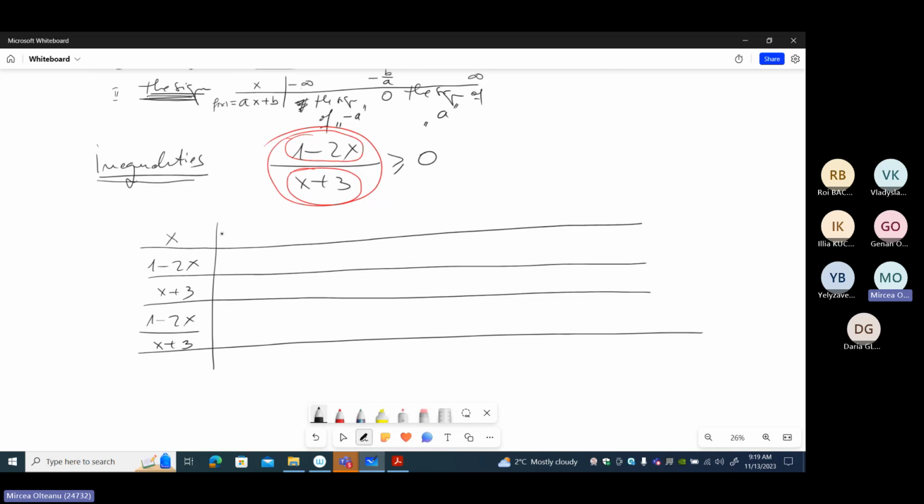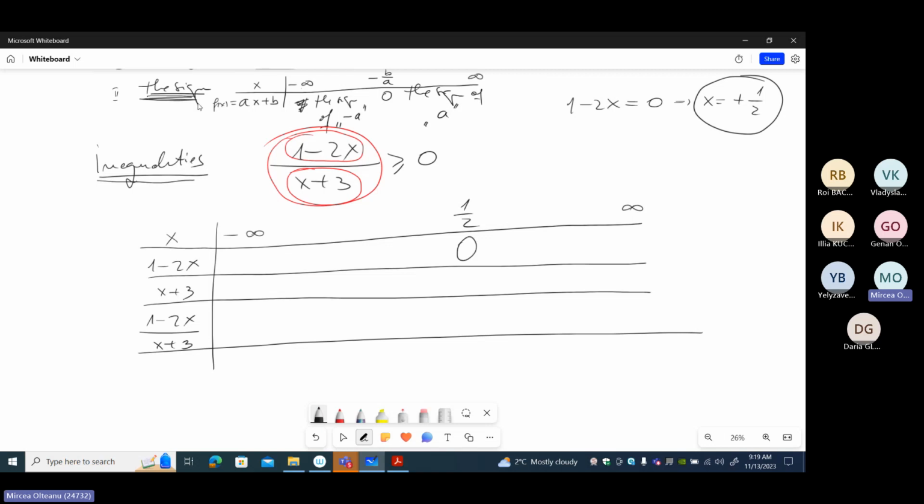And then as a consequence, I shall get the sign of the ratio. So first I need the sign of 1 minus 2x. I know the procedure, it's above, so first I need to solve this equation, which gives us x equals 1 over 2. So I put here 1 over 2. When x equals 1 over 2, 1 minus 2x is 0.